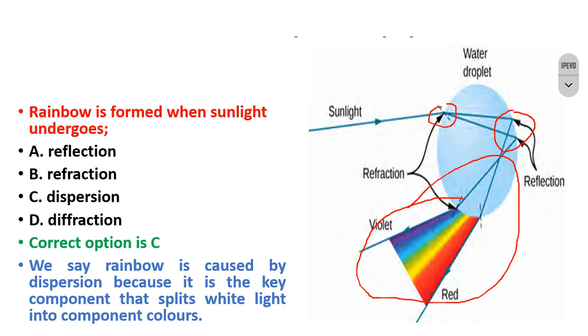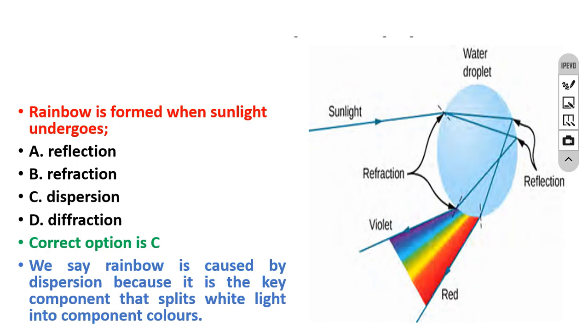In this question, the examiner just needs the final step. Refraction can occur and reflection occurs as well, but the key term is dispersion. Are you following what I'm trying to say? Whenever you see a question like this, you go for dispersion.